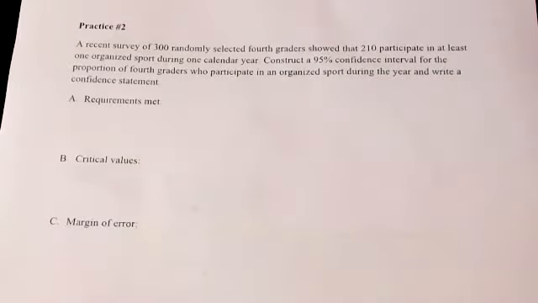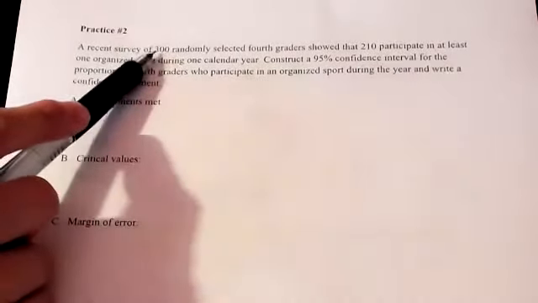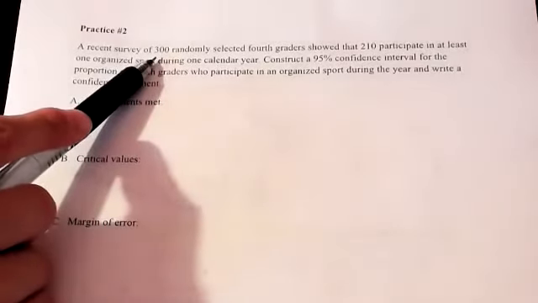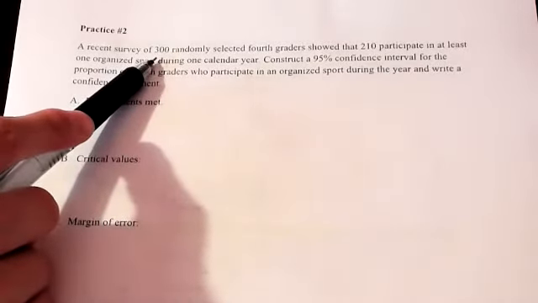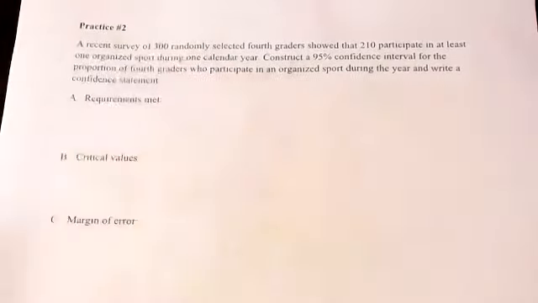Excellent. A recent survey of 300 randomly selected, I'm going to stop there. This 300, what value does this take on? In all of the things we've done with statistics so far, this 300 would represent what variable? N. Yes, perfection.